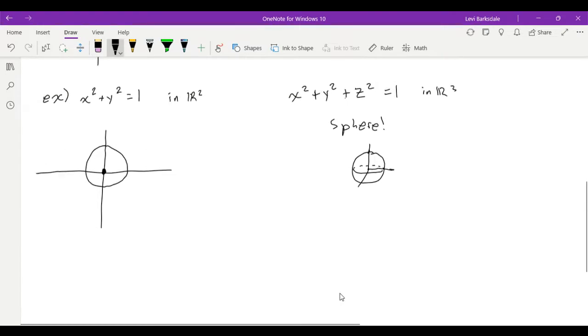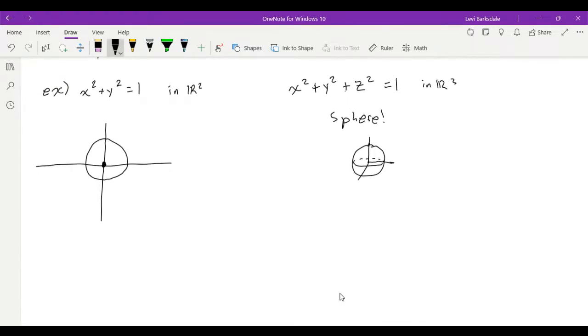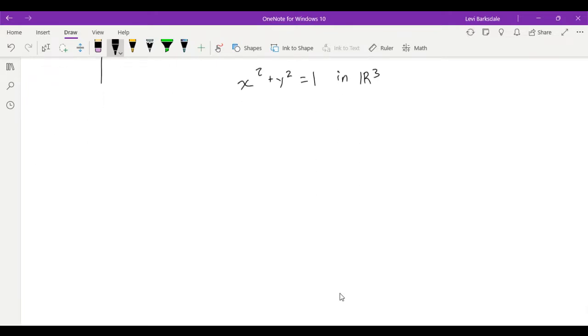Now, we're actually going to do one more example. What if we took this same equation, x squared plus y squared equals 1, in R squared, and instead we graphed it in R cubed? Well, here we have our axes, and we know that if we just completely ignore the z value, we should just have a circle. So on our xy plane, I'm just going to sketch the same circle that we always have.